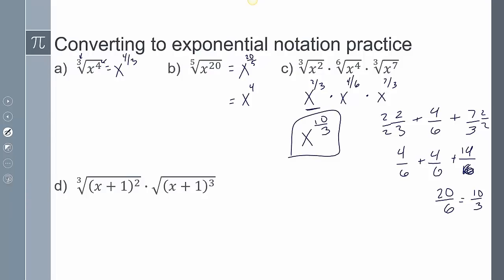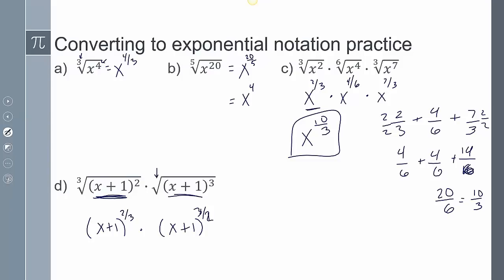Now, part of the reason why we can do that is we can actually simplify these expressions here as well. Because now this becomes x plus 1 to the 2/3 times x plus 1 to the 3 over 1. Sorry, 3 over 2.